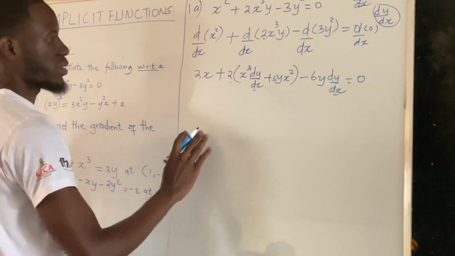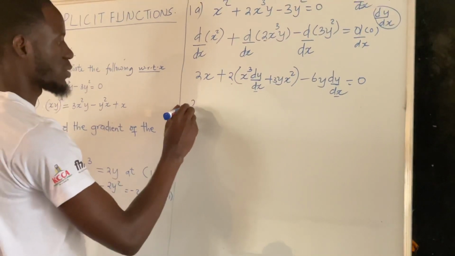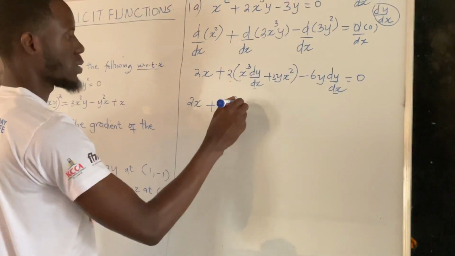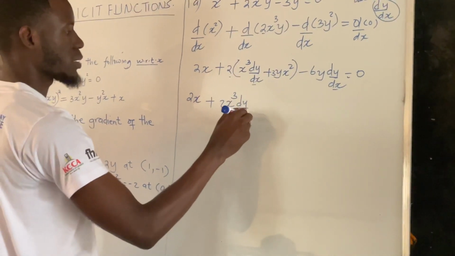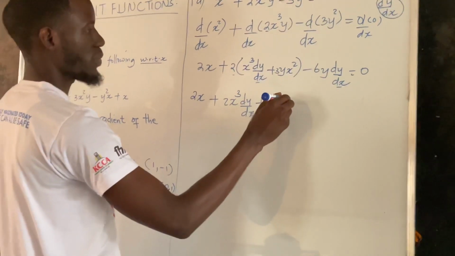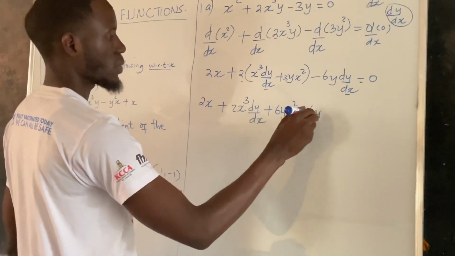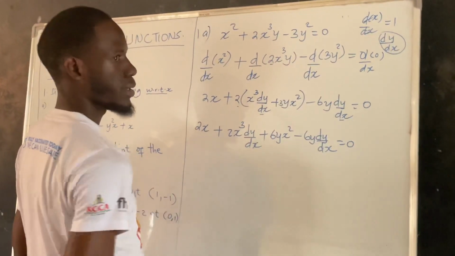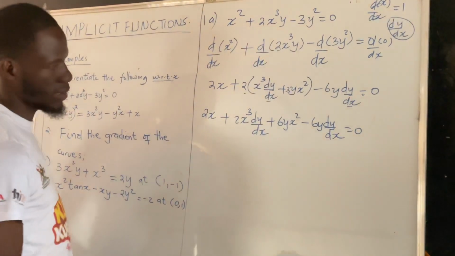Now, the following step, you're going to open brackets and we have 2x plus 2x cubed dy dx plus 6y x squared minus 6y dy dx is equal to 0. Then we can collect like terms.